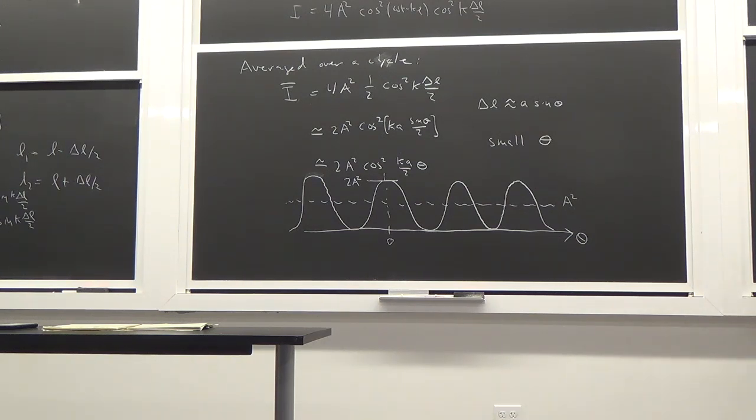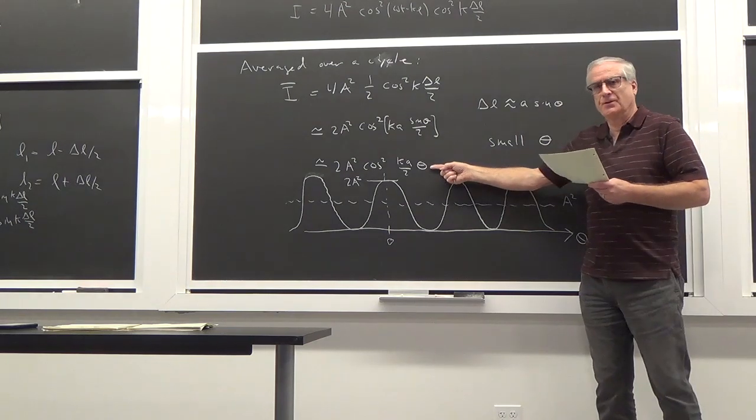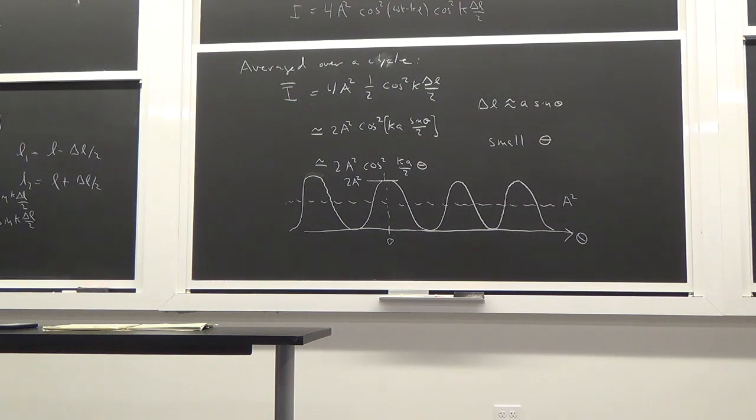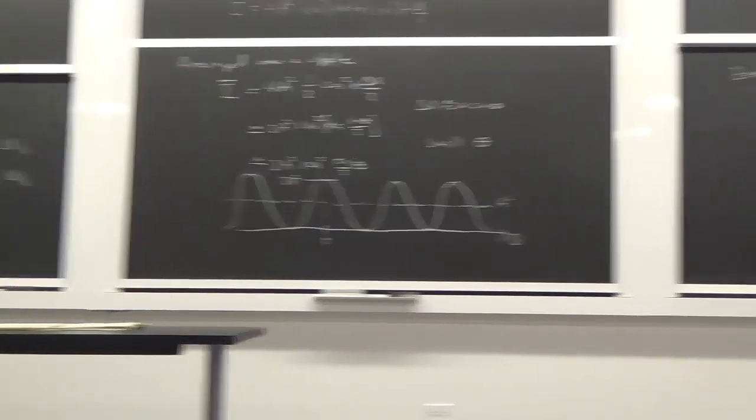That's just the zeros of this function that I'm calculating. That corresponds to theta equals plus or minus (2n plus 1) pi over ka.